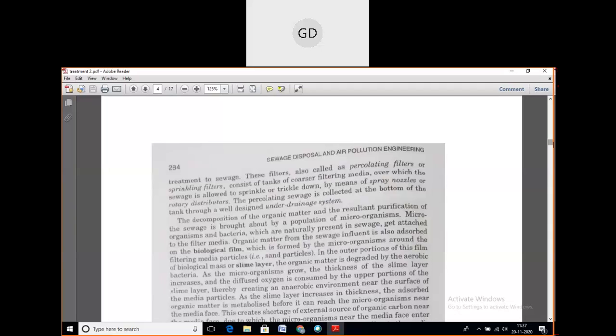So basically in this trickling filter, the bed surface is coarse aggregate, and it has spray nozzles through which the sewage is trickled over the surface bed. Since the sewage trickles down over the bed, it is known as a trickling filter.